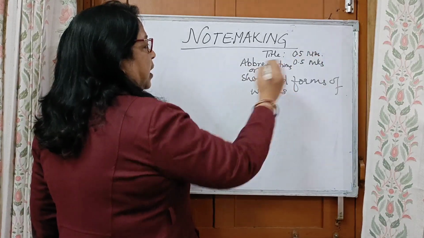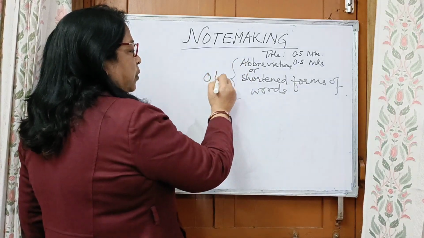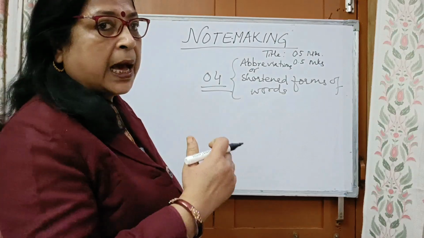Earlier it was 1-1, now it is half-half. So minimum 4 you have to use. Minimum 4 shortened forms or abbreviations.